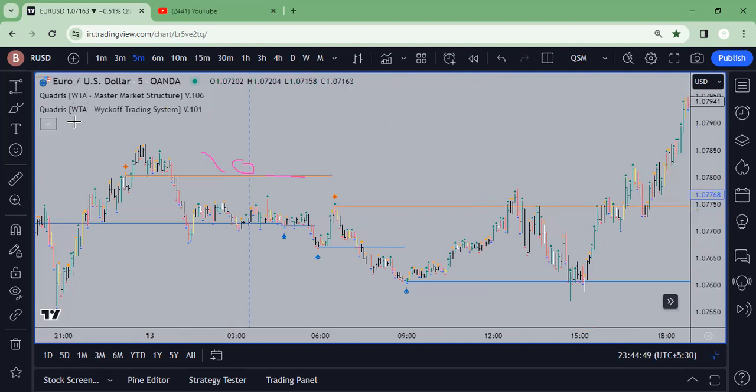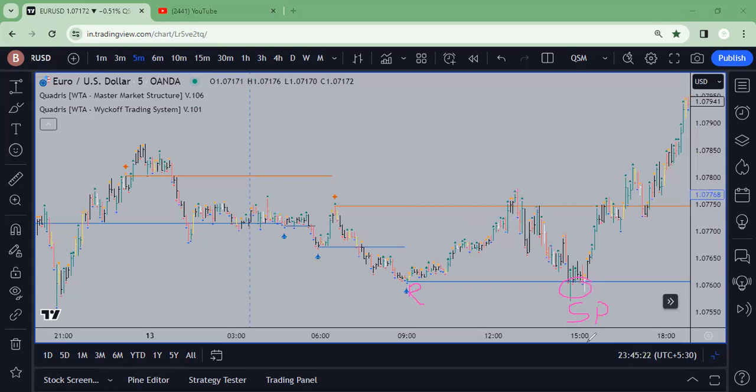This was the first target, a big selling, like supply was in control, though there was an effort to take the market upwards. This was the second effort, which resulted in no supply, and then price collapsed. And this was a resistance, and it formed a spring trade for us.